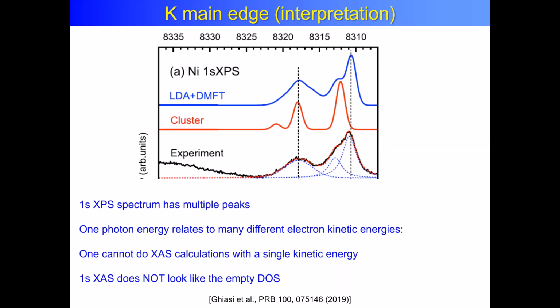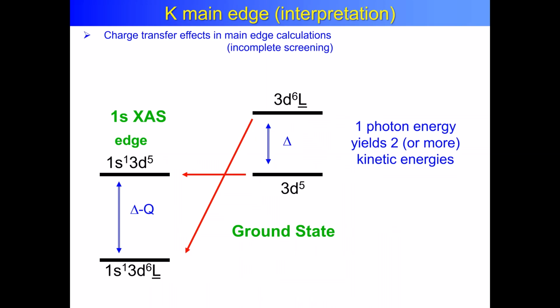So the conclusion from this is that 1s X-ray absorption does not look like the empty density of states. So if you're doing K edges and you compare with the empty density of states, you might wonder why you did not see this before. This I showed before; maybe I can do this quickly. This is the same graph as before. Your ground state is d5 plus d6 ligand hole for manganese oxide.